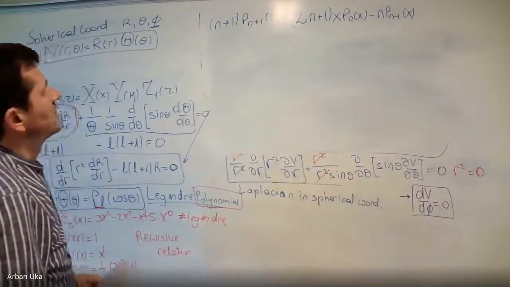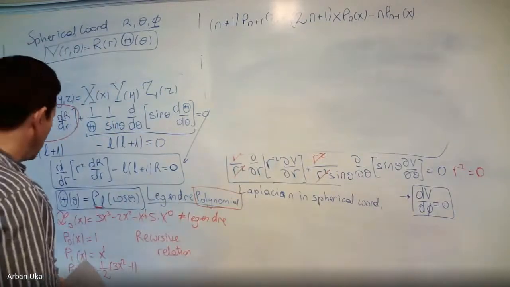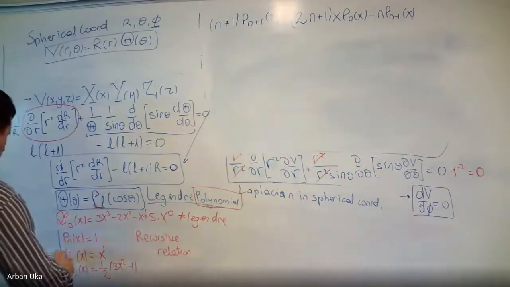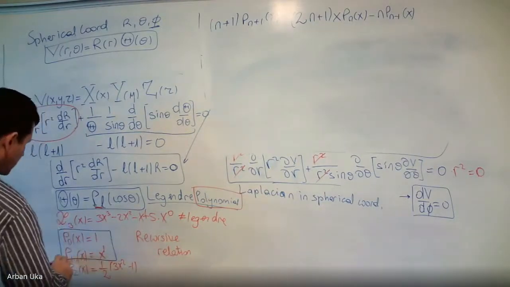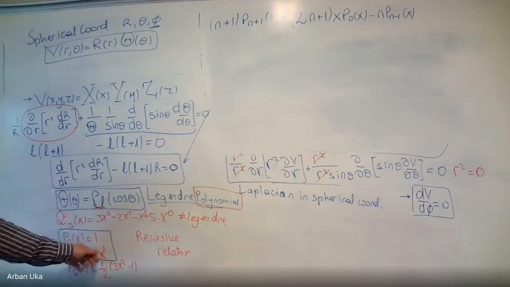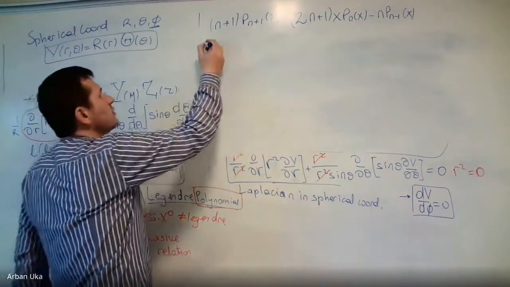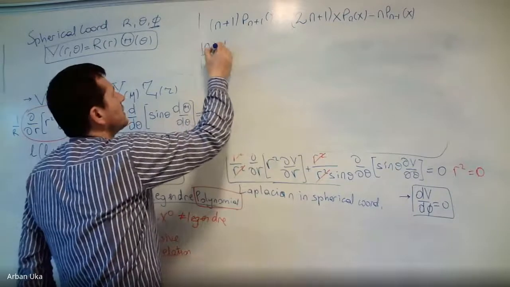This is the recursive relationship. Let's assume that from the Legendre polynomials, we just know these two: the 0th order is 1, the first order is x. Then, let's try to substitute. Let's set here n equal to 1.